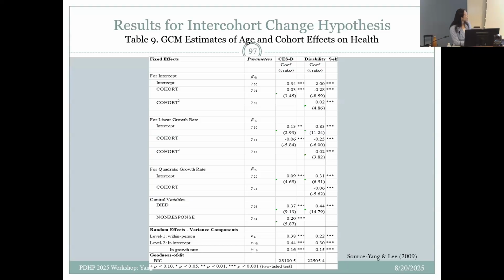You can see this from significant cohort variation in the intercept as well as the growth rates for both the depression and disability outcomes here, which suggests significant cohort variation in age trajectories of depression and disability in both cases.